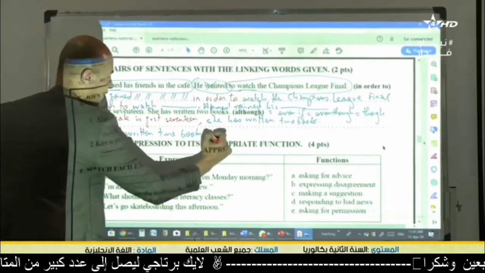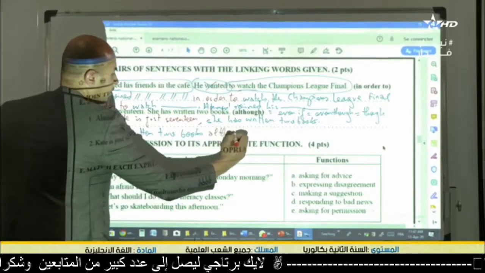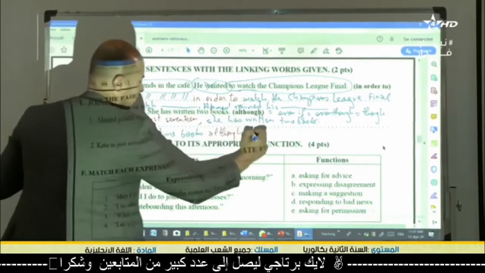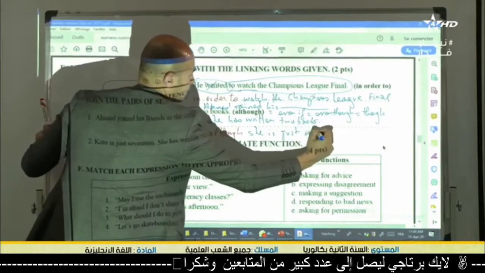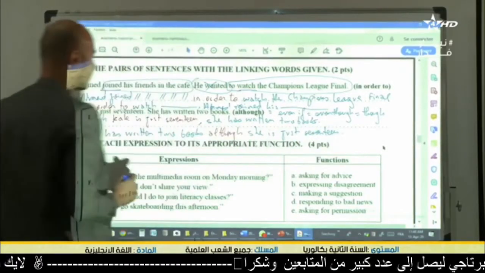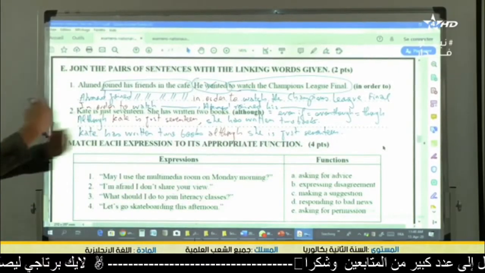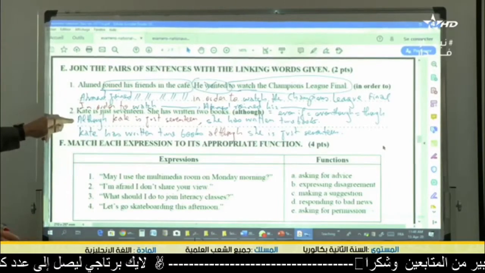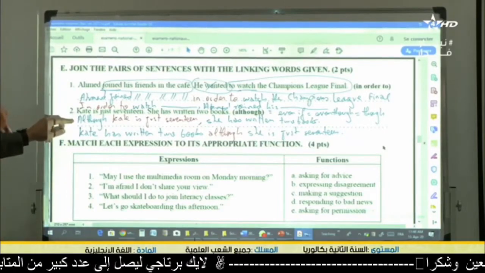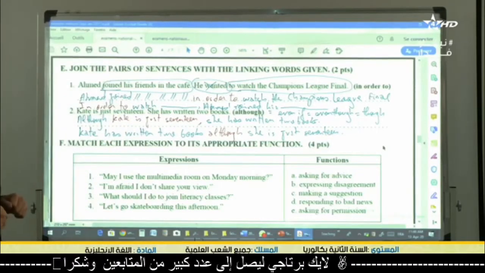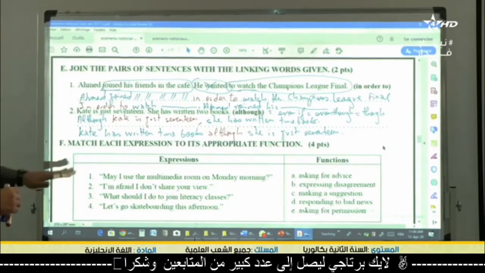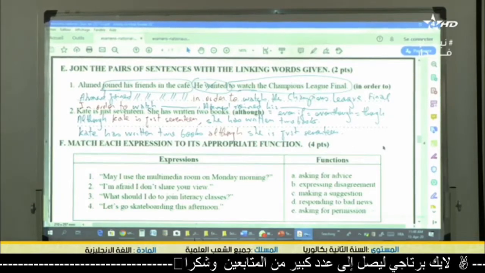Although, or even if, although she is just 17 years old. Okay, so we can have two orders. This order starts with the linking word: Although Kate is 17, she has written 2 books. Or Kate has written 2 books, although she is just 17. The last exercise, and we finish now.